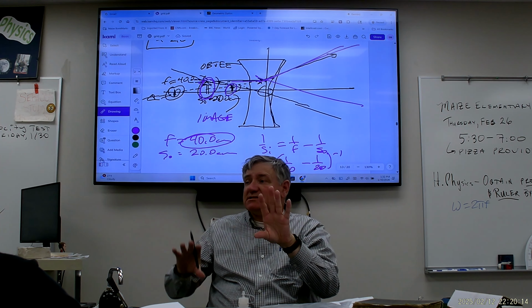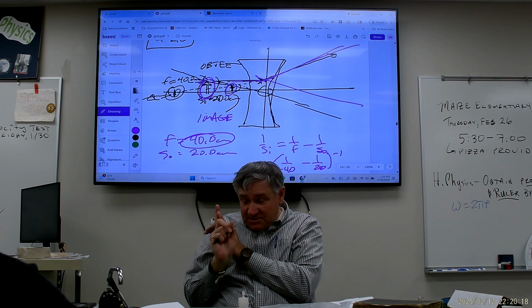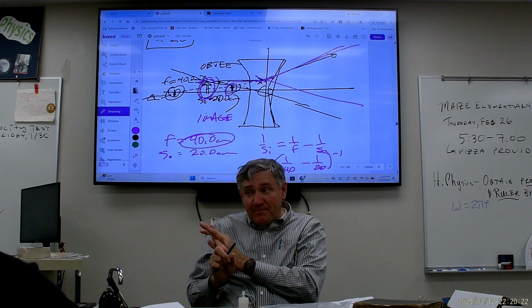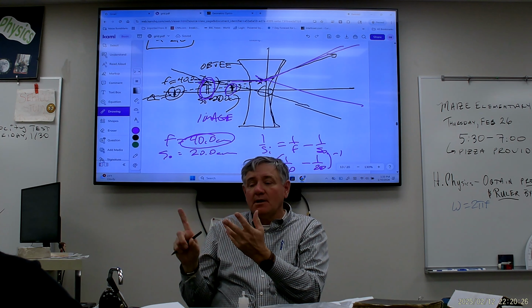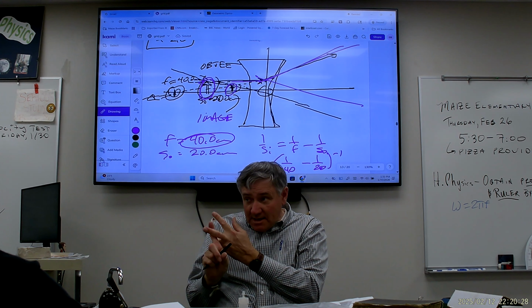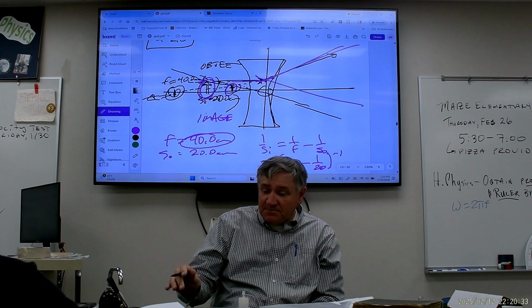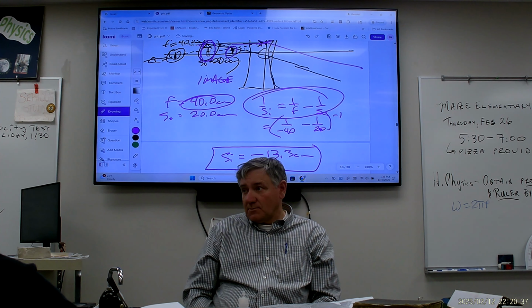So what's set in stone is your object distance is always positive. Your focal length could be positive or negative depending upon what the light does and its direction. Your image distance could be positive or negative based upon the math over here.